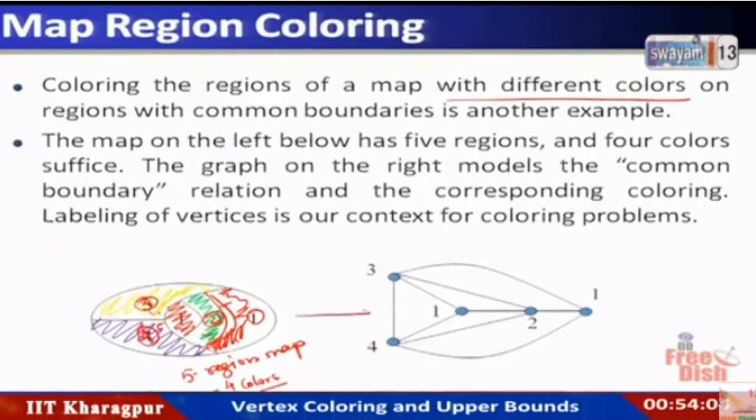This particular map can also be represented in a form of a graph, where these regions are represented as nodes, regions of a map, and edges are the adjacency relation between the regions.